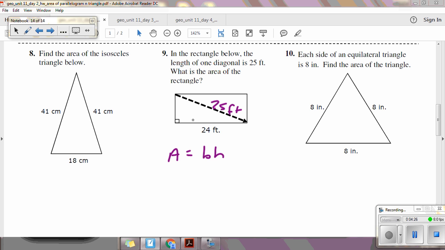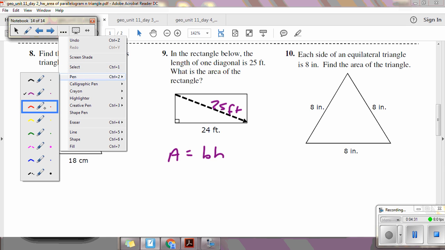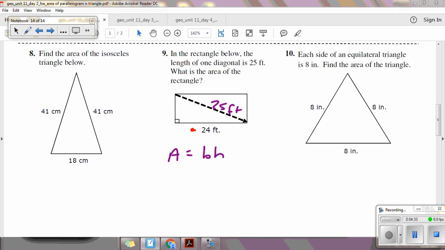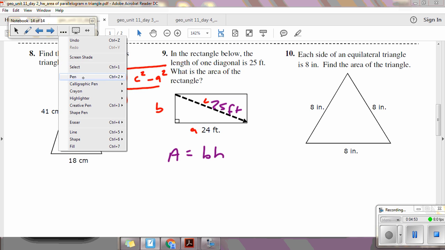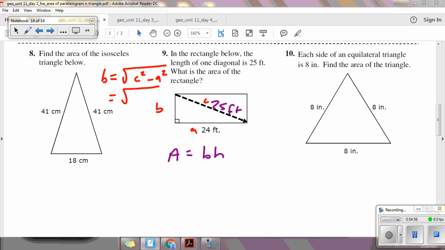So because it's a right triangle, I would have to use Pythagorean's theorem. When I use Pythagorean's theorem, I have A, I have C, I don't have B. So the shortcut, if you're looking for B, is always the square root of C squared minus A squared. So in this case, it's the square root of 25 squared minus 24 squared.